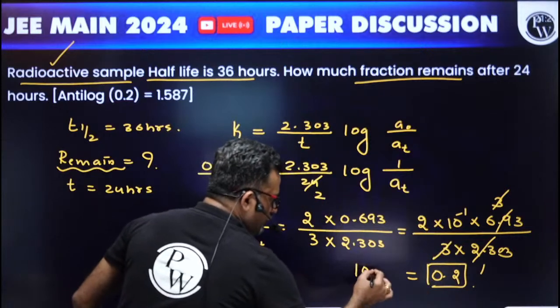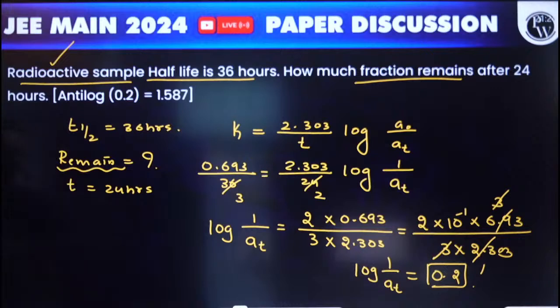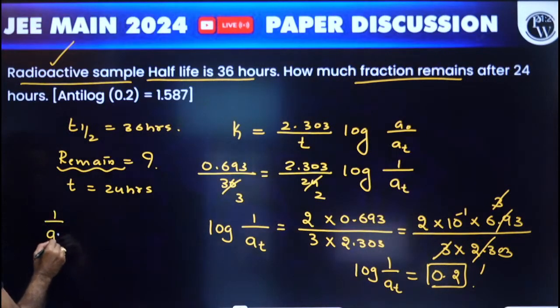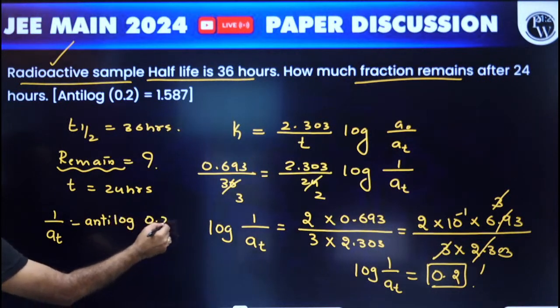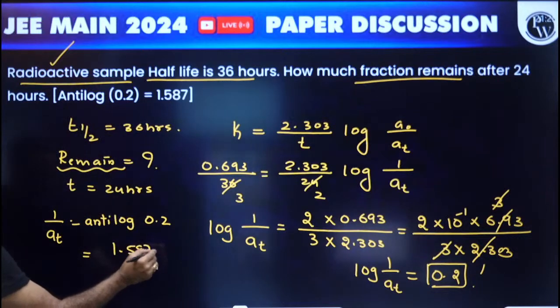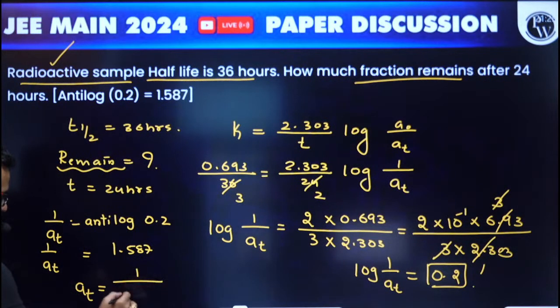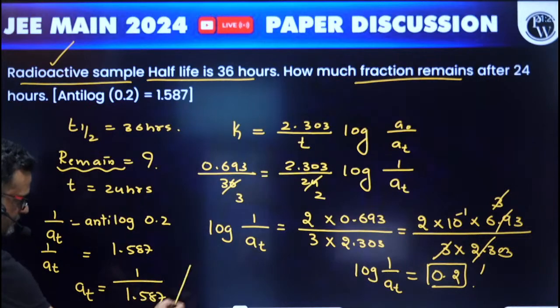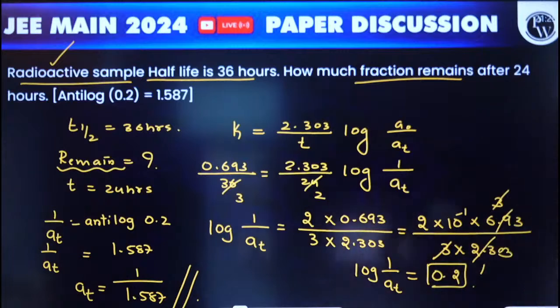So log of 1 upon remaining is 0.2. So 1 upon remaining is the anti-log of 0.2. We require anti-log of 0.2. They have already given 1.587. So 1 upon remaining is 1.587, so your remaining quantity would be 1 upon 1.587. That is your answer. Is that clear, students?